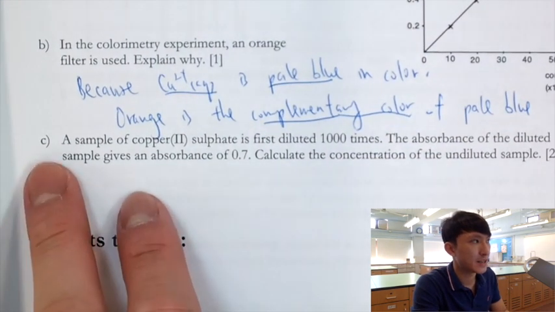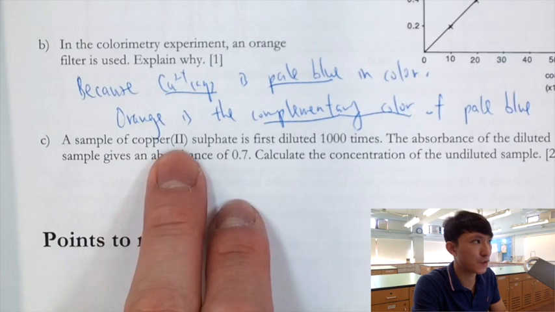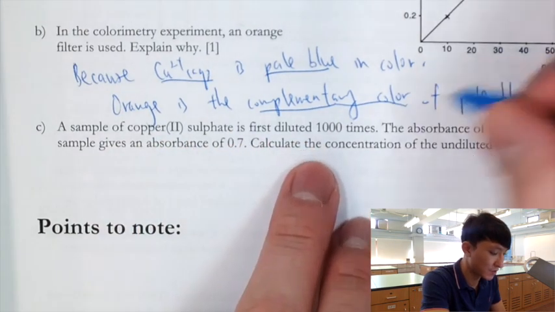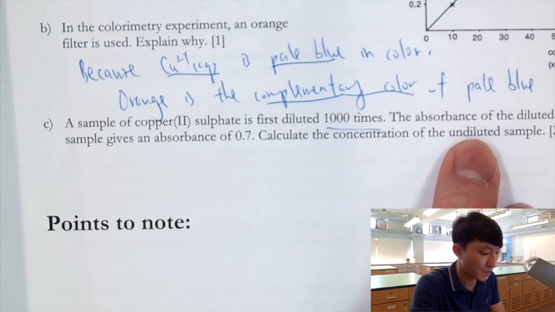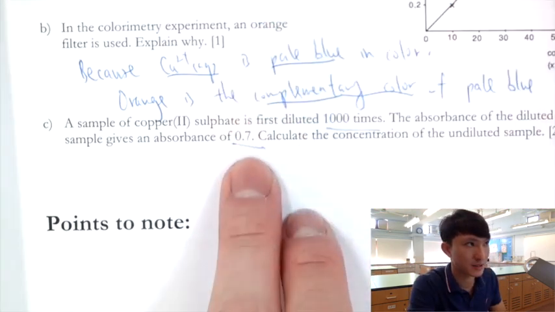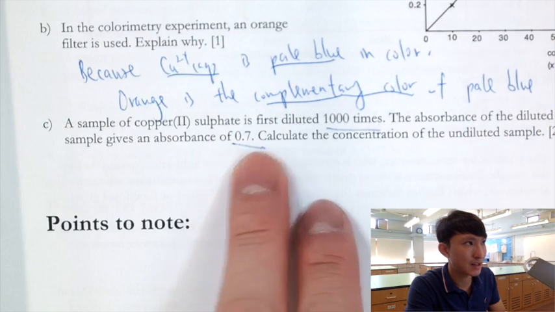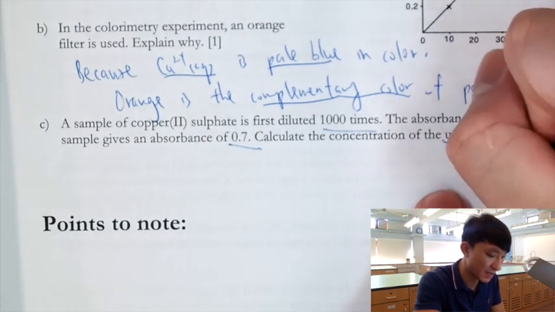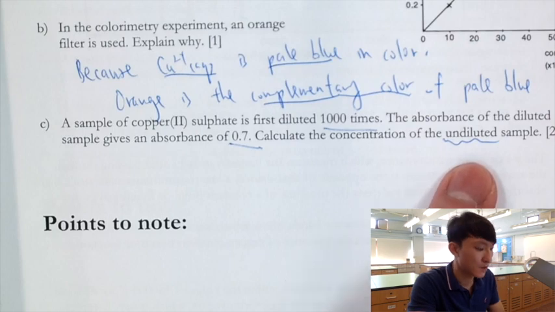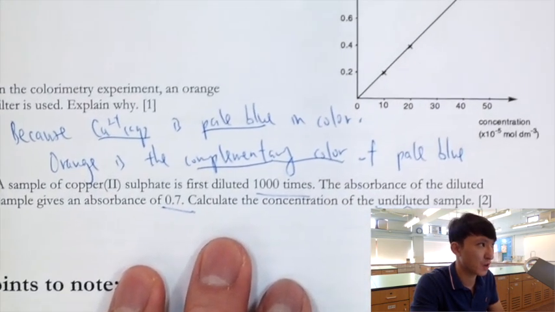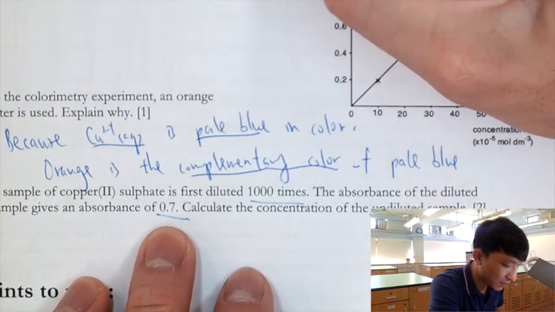Alright, and C, a sample of copper 2 sulfate is first diluted 1,000 times, and then we carry out the colorimetry, and we find the absorbance to be 0.7. Calculate the concentration of the undiluted sample. Actually it is quite easy. First of all, from the calibration curve here, 0.7 is over here.